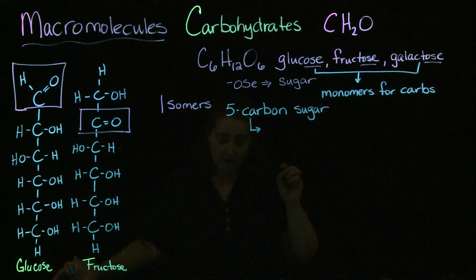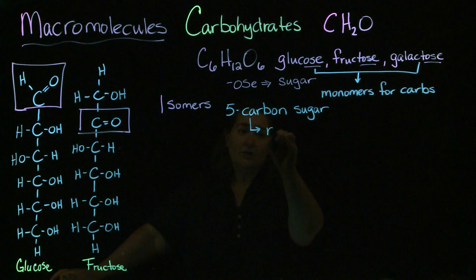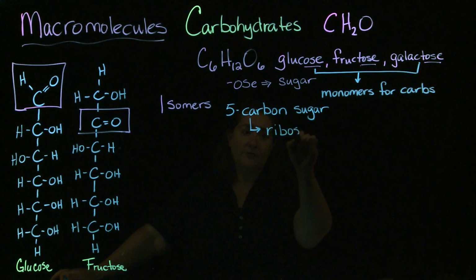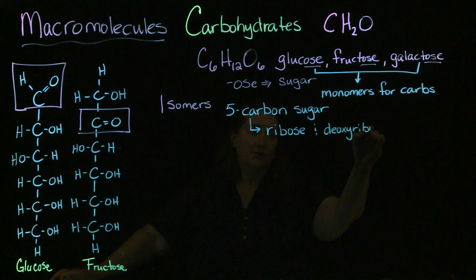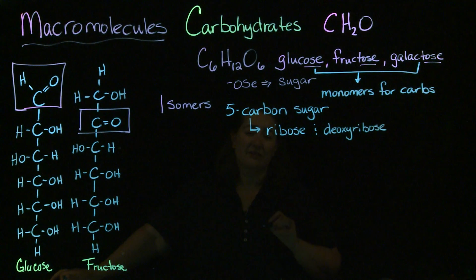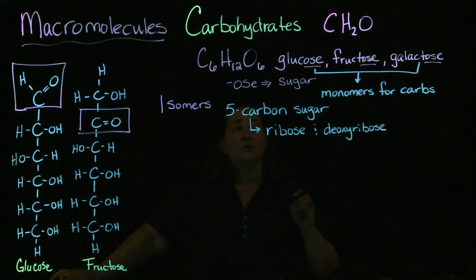Those 5-carbon sugars are going to be ribose and deoxyribose. With DNA, you have a sugar molecule that makes up the structure of the DNA found within all of the cells of your body. These are the ones we're going to be most concerned with.